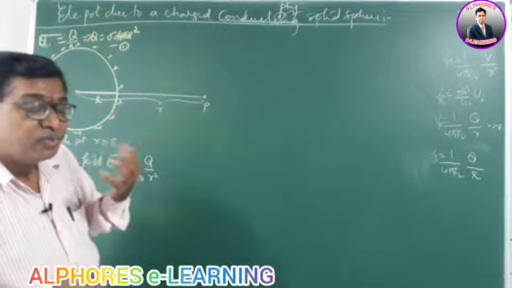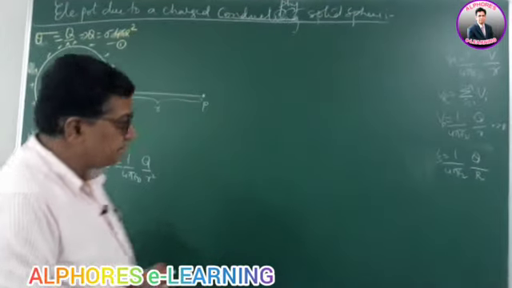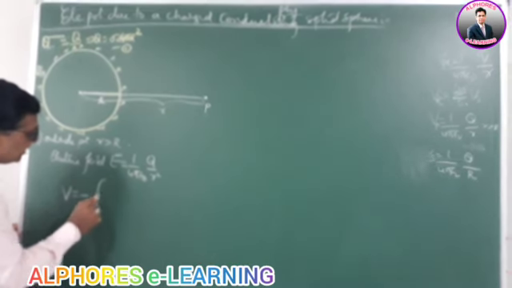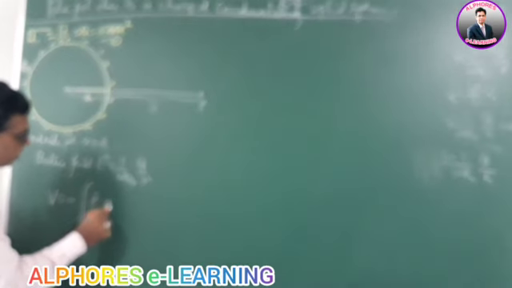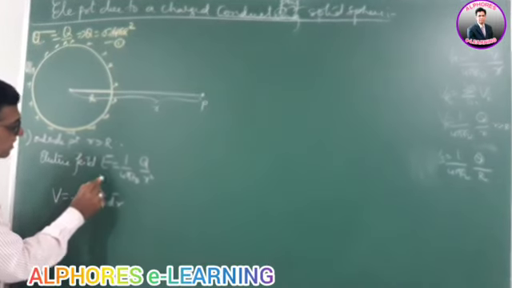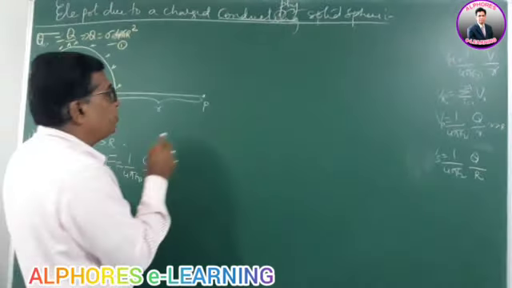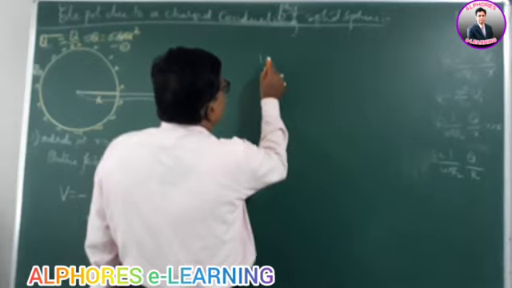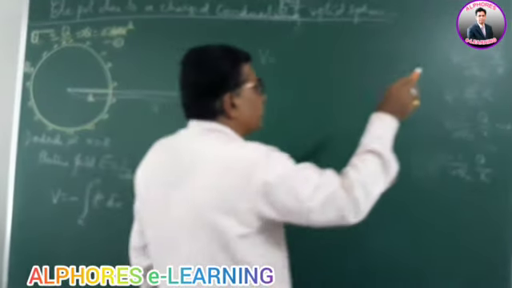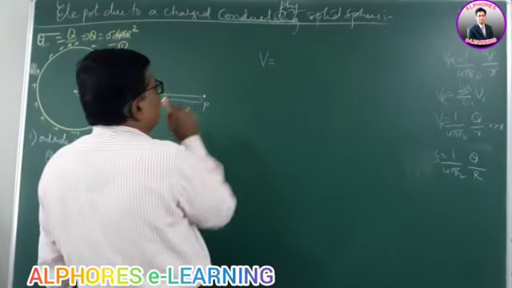We know the relation between potential and electric field. The potential V is equal to minus integral of E dot dr from infinity to the point of the field. How do you get this? Potential V is the total work done in moving a unit positive charge from infinity to the point in the field.